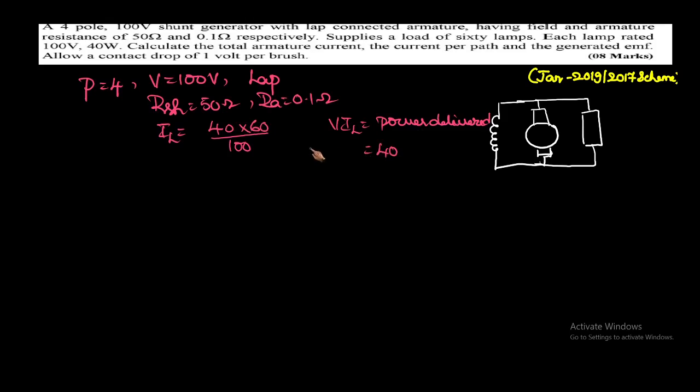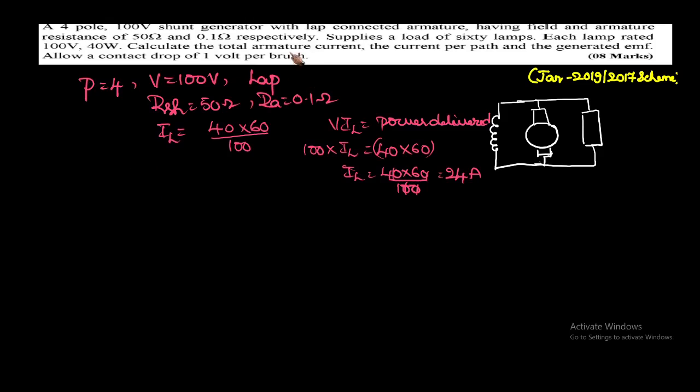V is the terminal voltage, that is 100, and we have 60 bulbs of 40 watts each. So the total power developed is 40 into 60. So IL is equal to 40 into 60 divided by 100. So we are going to get IL as 24 amperes. So the load current you got is 24 amperes.